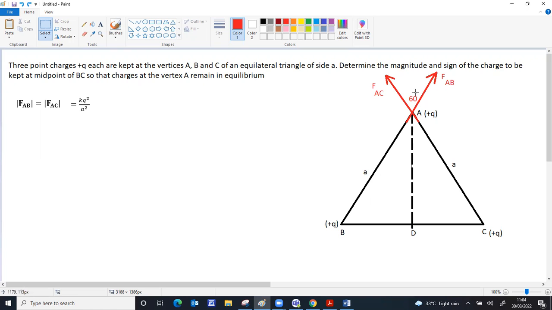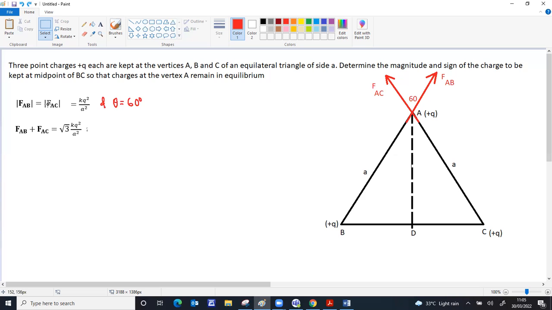The angle between these two forces is 60 degrees, equilateral triangle, the angle will be 60 degrees. Since the two forces are equal and the angle is 60 degrees, we have learned the resultant force will be √3 times one of the forces by vector addition rule.